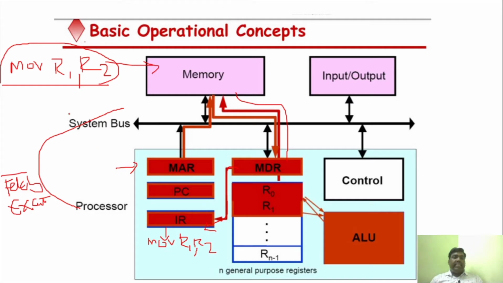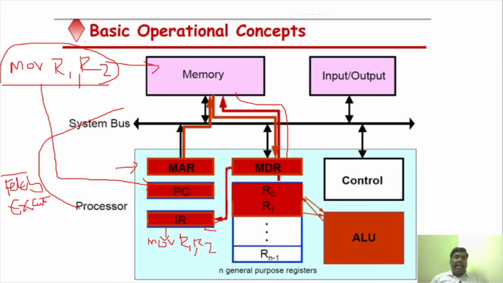The instruction will first be in the PC, the program counter. The program counter is the one which has the information of the next instruction that is going to be executed. The program counter will have the instruction which is going to be executed next.